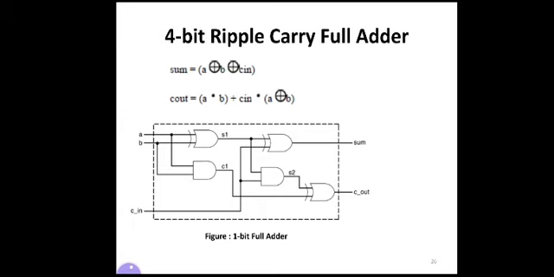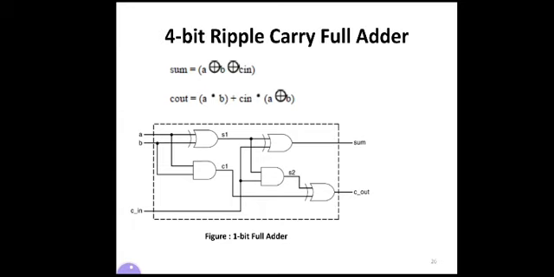The 4-bit RCA takes 4 inputs A0, A1, A2, A3 and B0, B1, B2, B3 and one Cin input, and each 1-bit full adder generates two outputs, the sum output and the carry output, but the carry output is cascaded to the next block. So the final output is only Cout that is considered. The carry output of the previous block is connected to the next block. That is the block diagram of the 4-bit ripple carry adder.